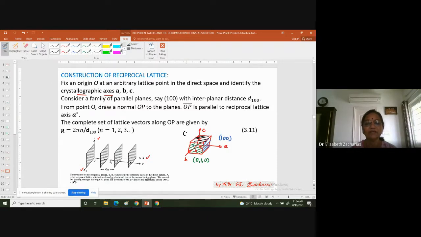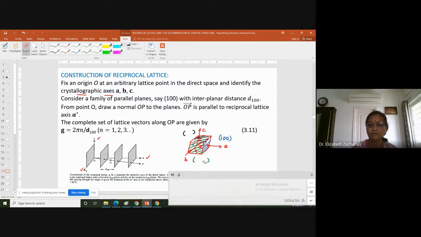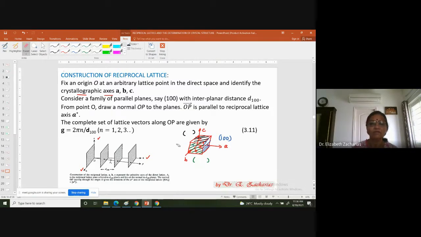What will be the HKL indexing of this plane? Just use the same logic that I have used. What did I say for this one?